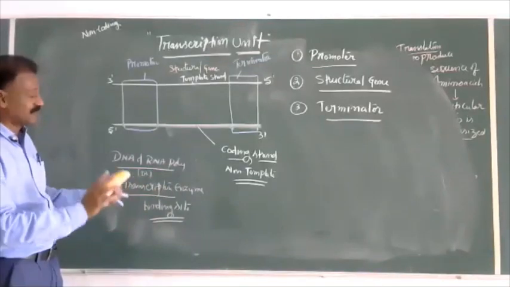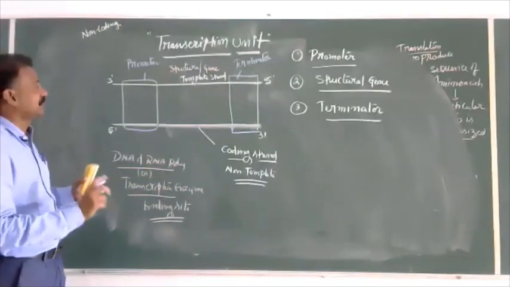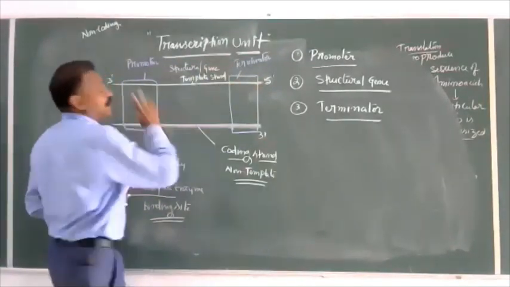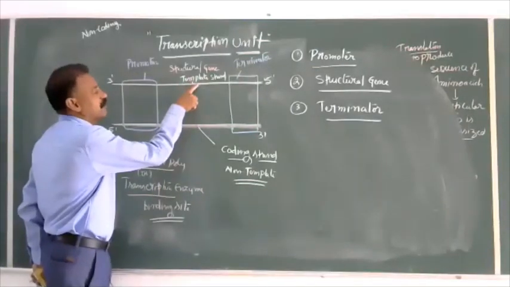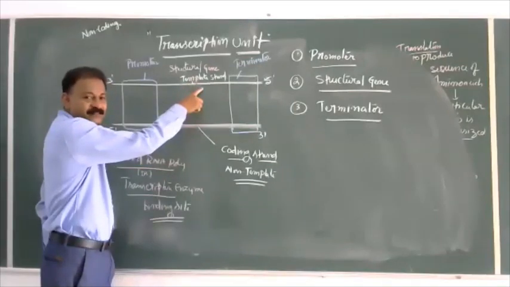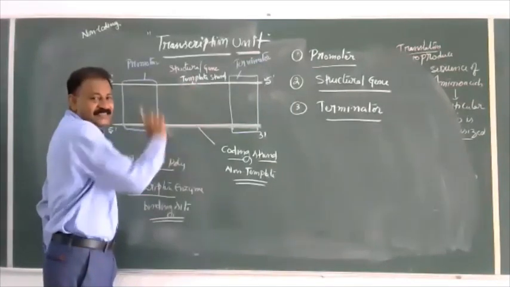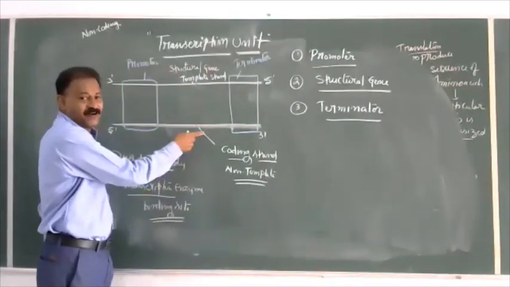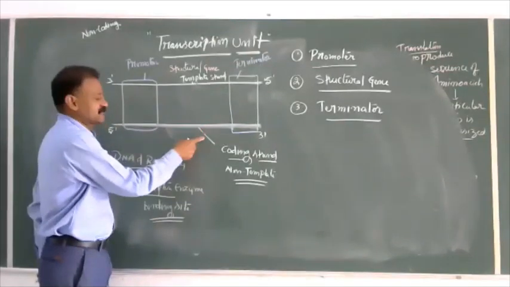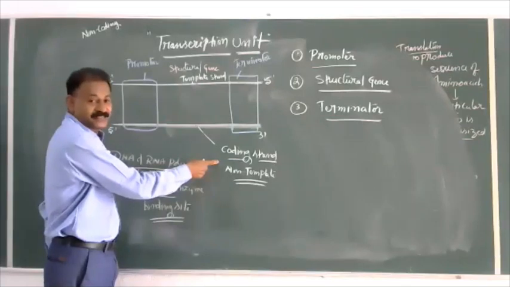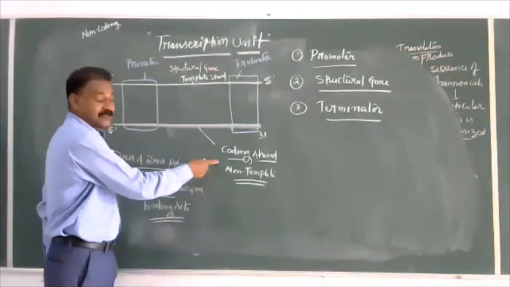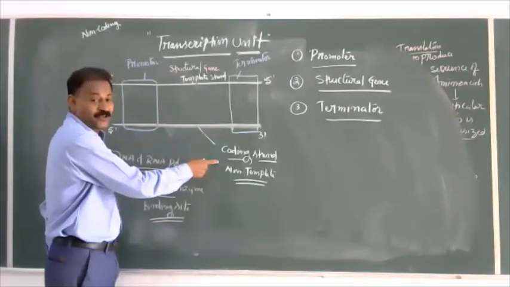But to the best of our knowledge, transcription unit consists of a DNA molecule having 2 strands. Out of these 2 strands, one is called template strand, from which RNA is synthesized. The other strand is not involved in the transcription, but it is called coding strand. It is surprising thing according to IUPAC nomenclature, International Union of Biochemistry, IUB nomenclature.